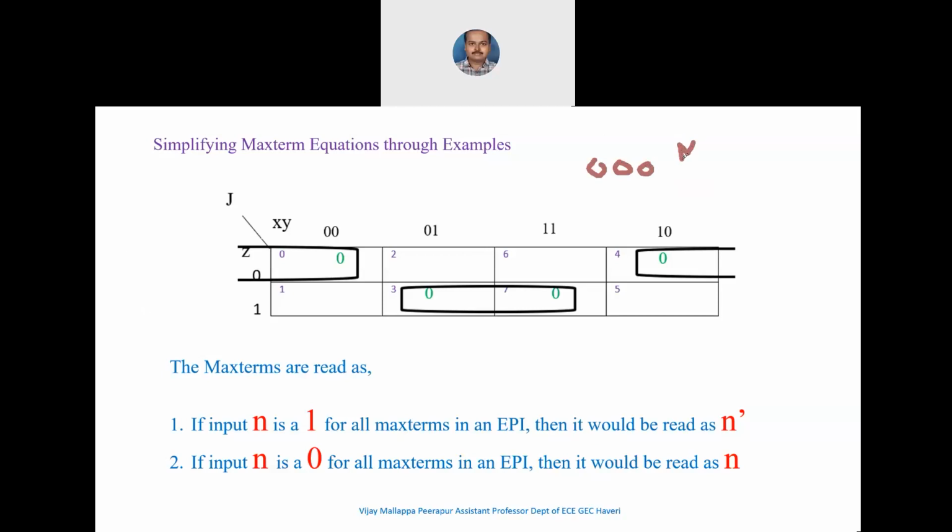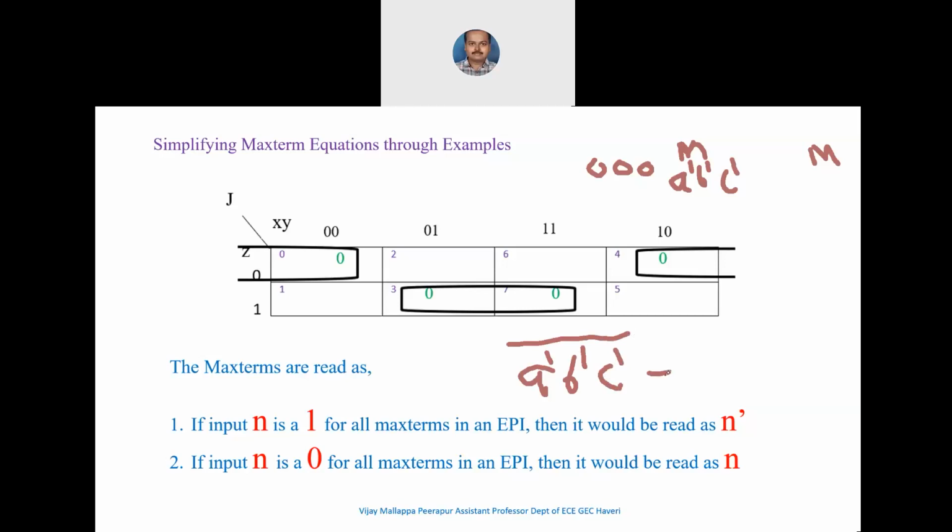I'll write it as small m, and the max term as capital M. Now how would you write the min term? A bar, B bar and C bar. Take the complement of this min term, what do you get now? When I say complement, what do you understand by that? A bar, B bar and C bar.